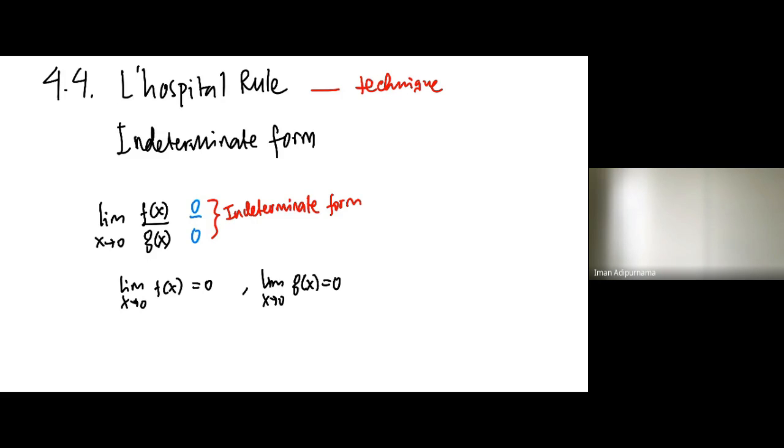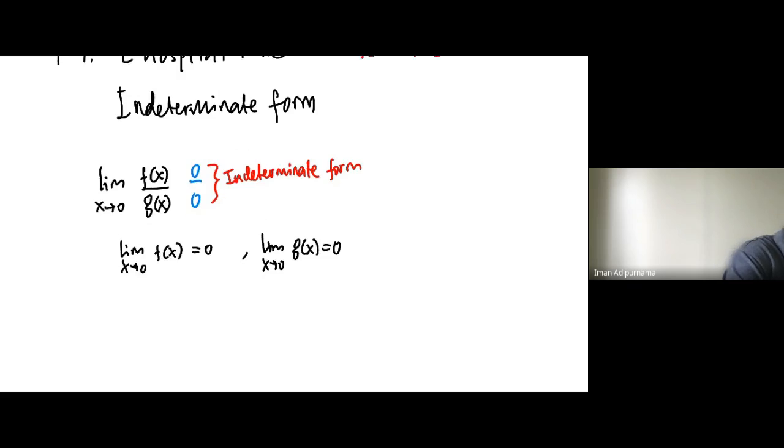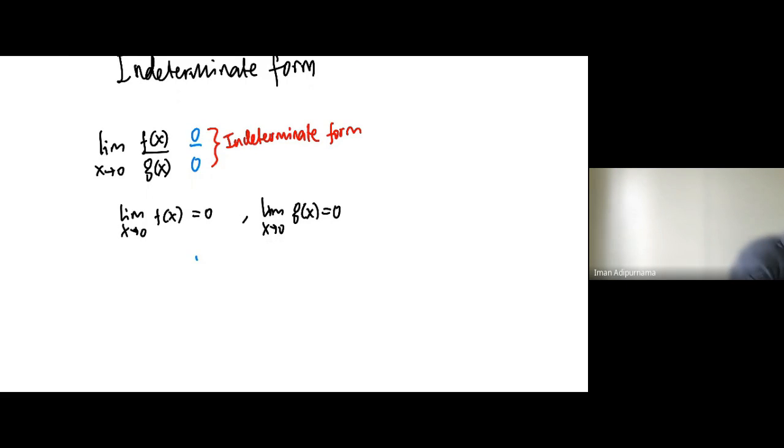Now, the L'Hopital rule says that if we find this 0 over 0, usually you write LH like that to show that it is using the L'Hopital rule.